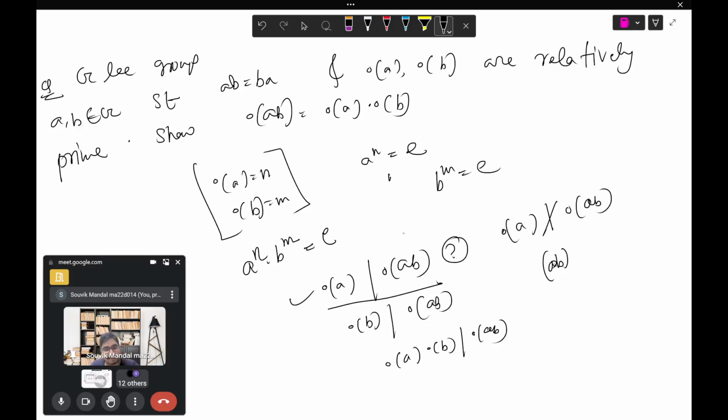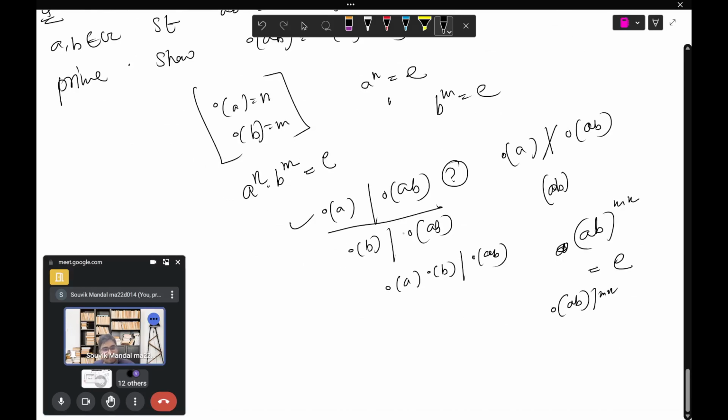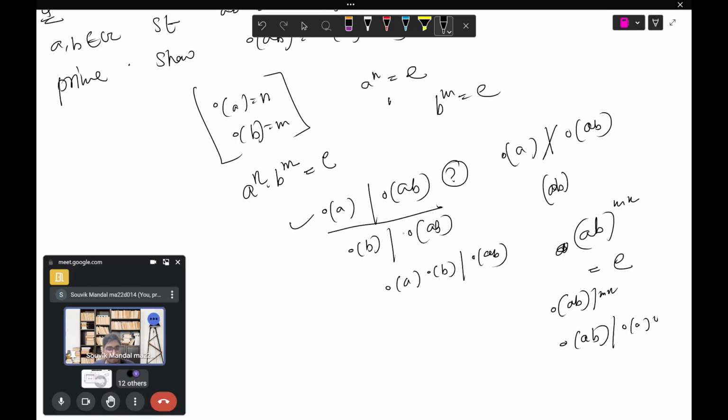Take AB to the power mn. That is the identity. So the order of AB divides mn, so the order of AB divides the order of A times the order of B. And also, the argument implies that the order of A divides the order of AB and the order of B divides the order of AB.